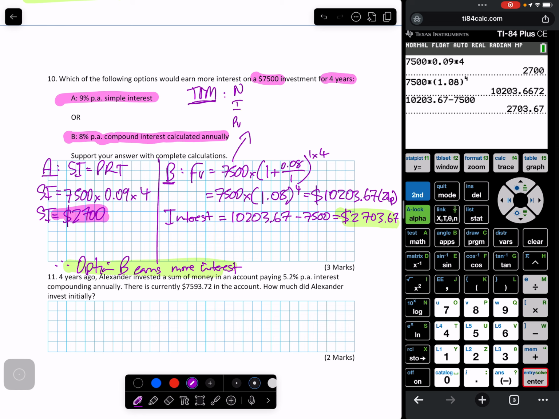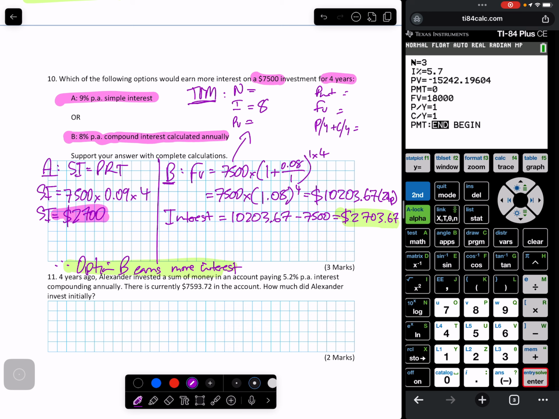If we do it the TVM solver way, N, I, PV, PMT, FV, PY, and CY equals. Apps, finance, TVM. We know the interest rate was 8. We know you invested 7,500, so negative 7,500. There's no payments. We're solving for FV. It's compounding annually. N is 1 times by 4.